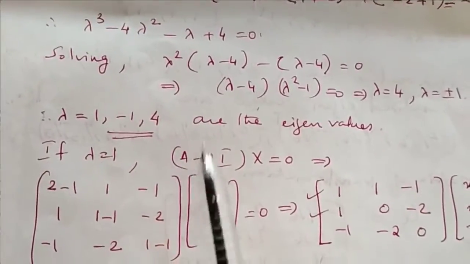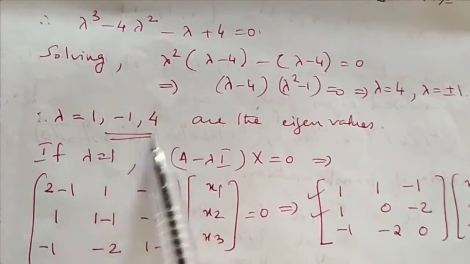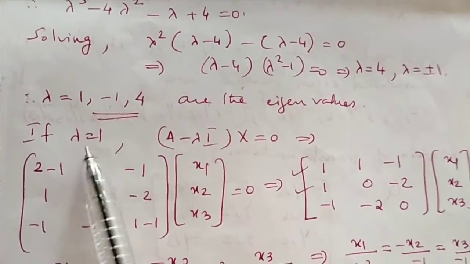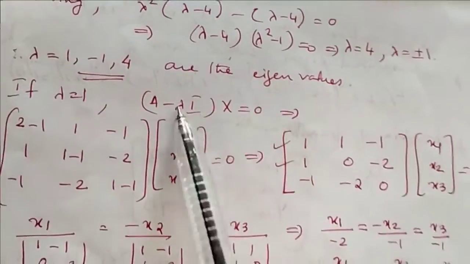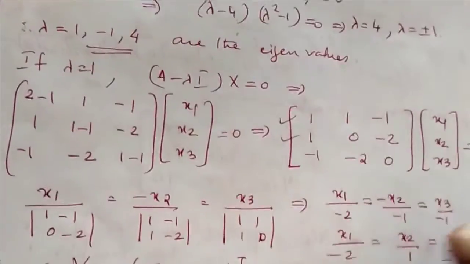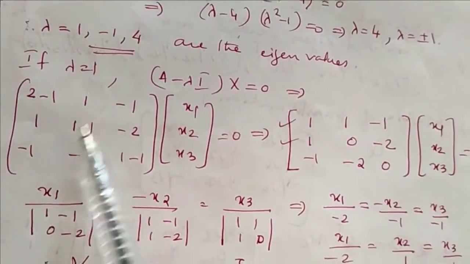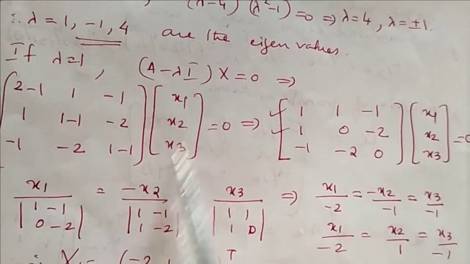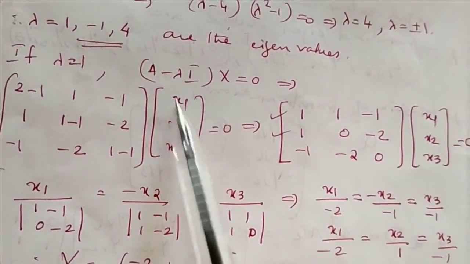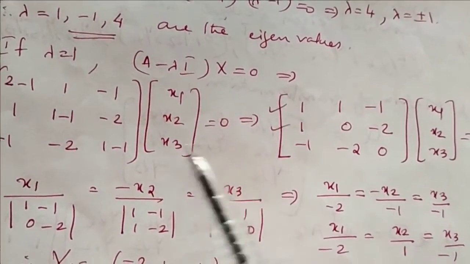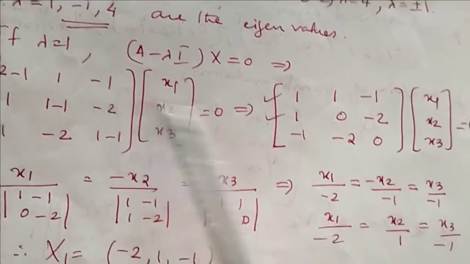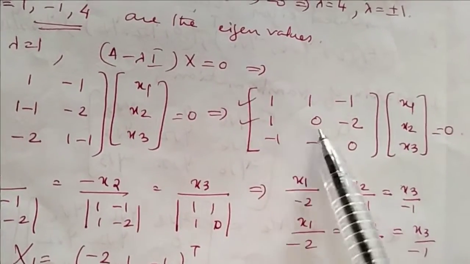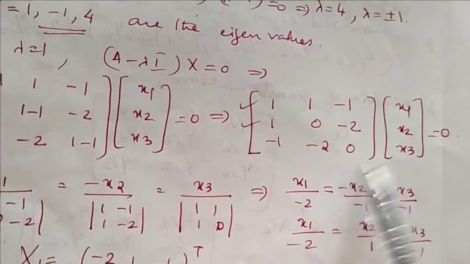Next we have to find eigenvectors for these three eigenvalues. First, for lambda equal to 1: A minus lambda I into x is equal to 0. Subtract 1 from the diagonals; this is a homogeneous system with column vector x1, x2, x3. So the matrix is 1, 1, minus 1, 1, 0, minus 2, minus 1, minus 2, 0.